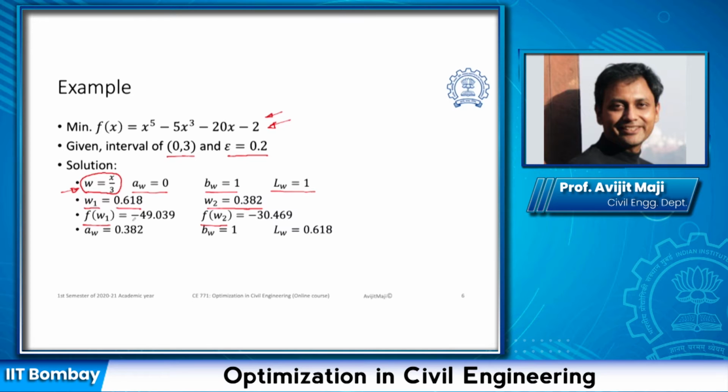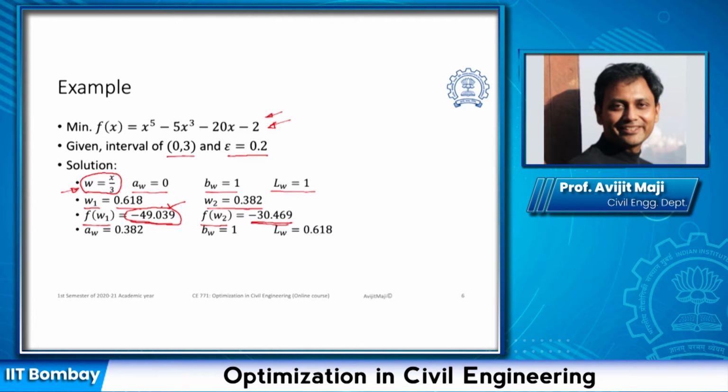And once we find the objective function value at these 2 points, we can clearly see that this objective function value is better, so we need to retain this side.